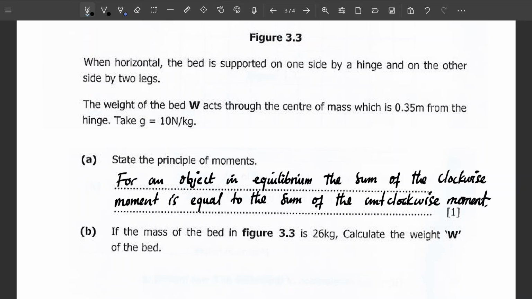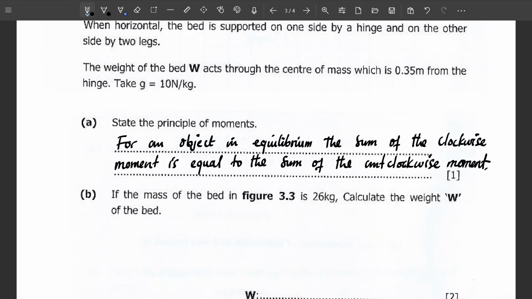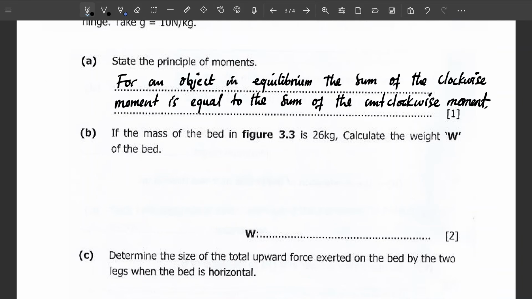Then we go to B. They're saying, if the mass of the bed in figure 3.3 is 26 kg, calculate the weight W of the bed.